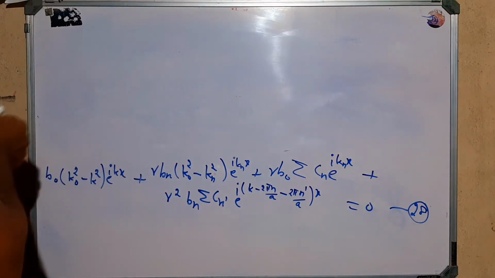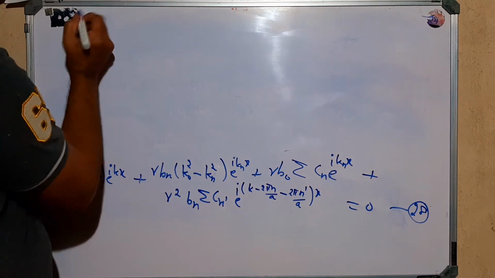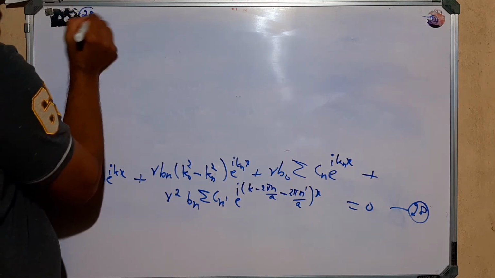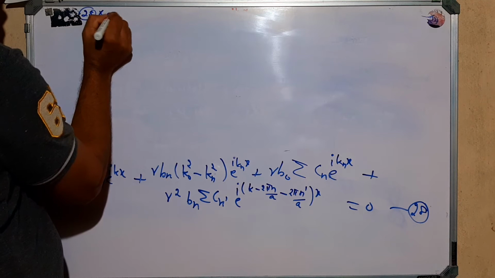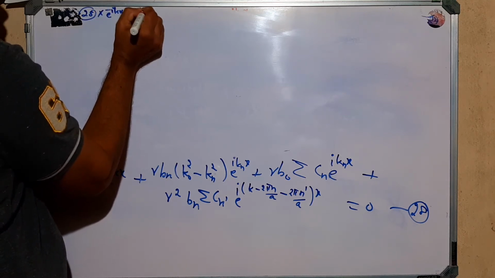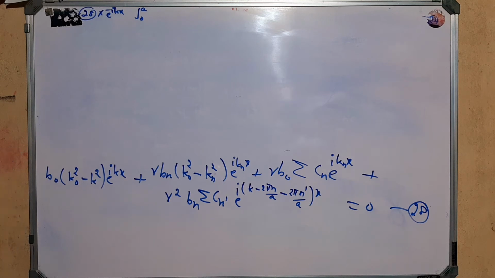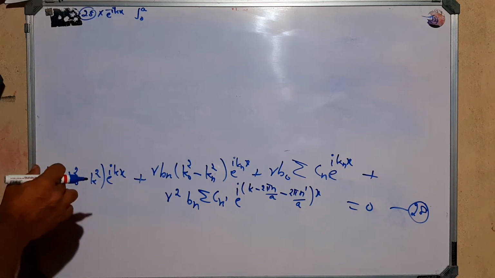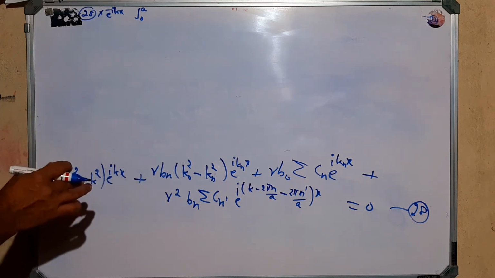So now what you have to do, equation number 28 is multiplied with e to the power minus ikx, integrate from 0 to a. Okay, what happens in the single step, just you can see here.